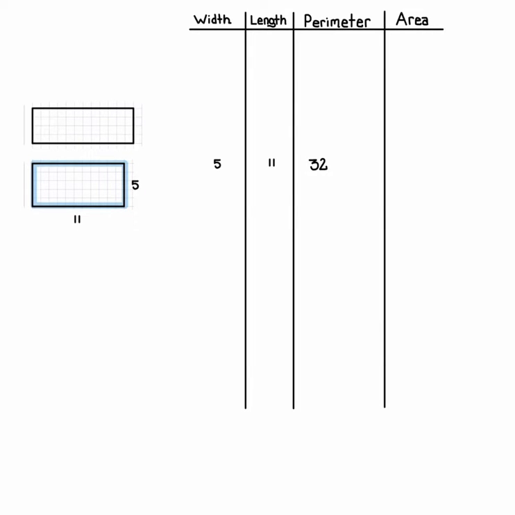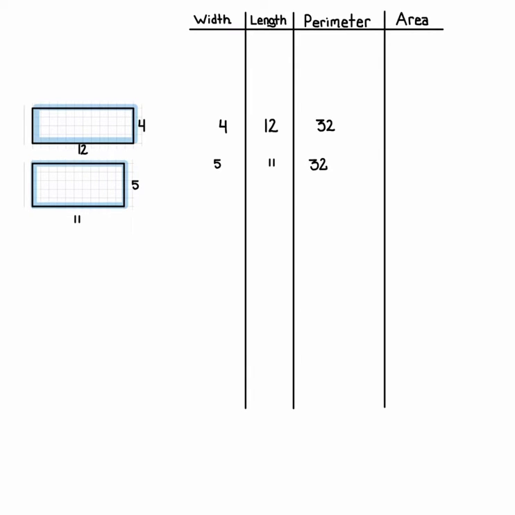So I'm going to subtract 1 from the width and then add 1 to the length. So 5 minus 1 is 4, and 11 plus 1 is 12. Going all the way around, let's verify. We would take 12 plus 4 plus 12 plus 4, and all the way around is still 32.